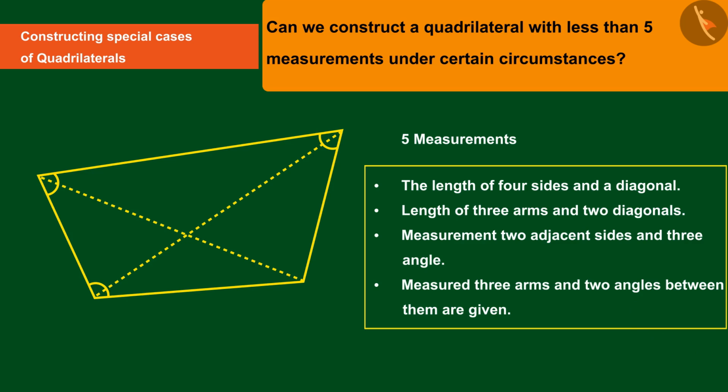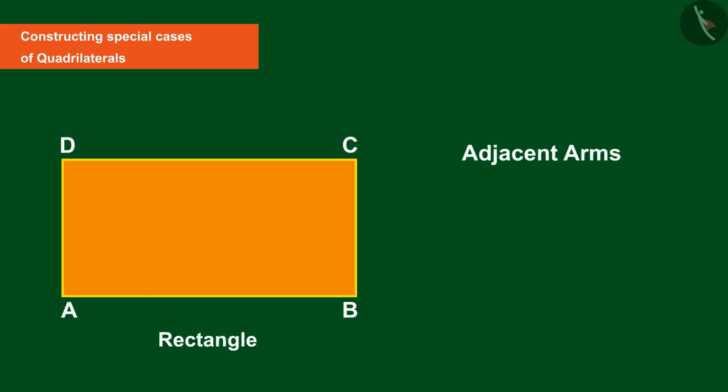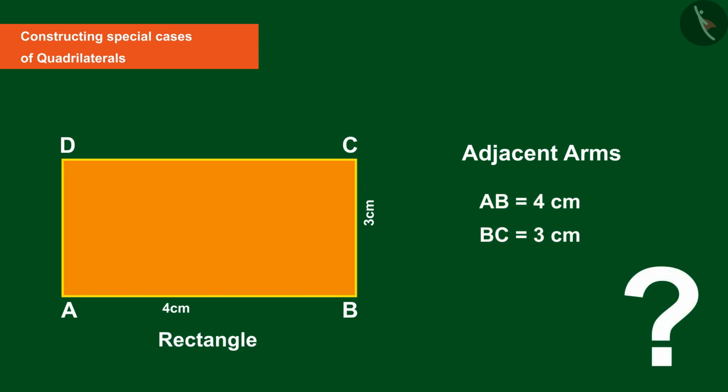Let's discuss this. Suppose you have to draw a rectangle ABCD whose adjacent sides are 4 cm and 3 cm. Can you create a rectangle ABCD using only these 2 measurements? Well done.